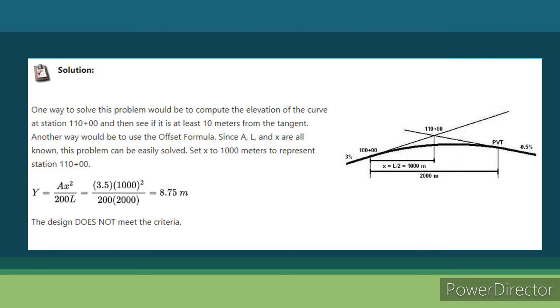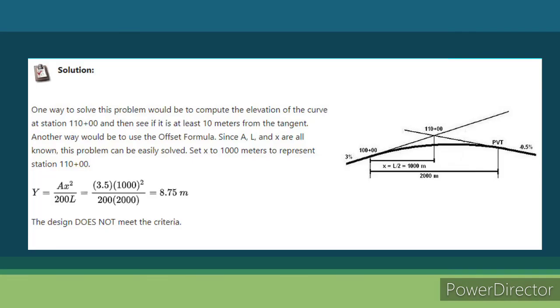There are many ways to solve this problem, but we will use the offset formula, where y is equal to A x squared over 200L, where A is the difference between the two grades. Plugging in the given values, 3.5 times 1000 squared over 200 times 2000 is equal to 8.75 meters.